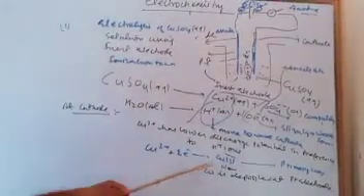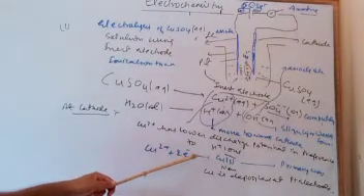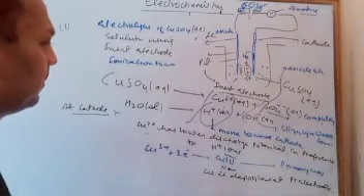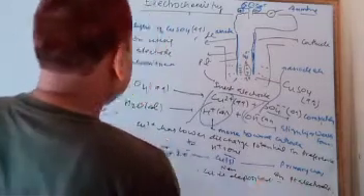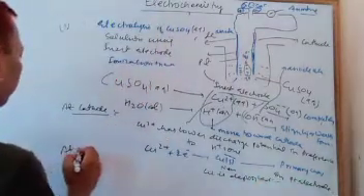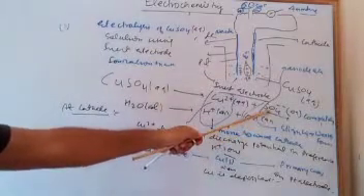Now the second case. Next, at the anode. At the anode there are two anions, sulfate ion and OH ion.